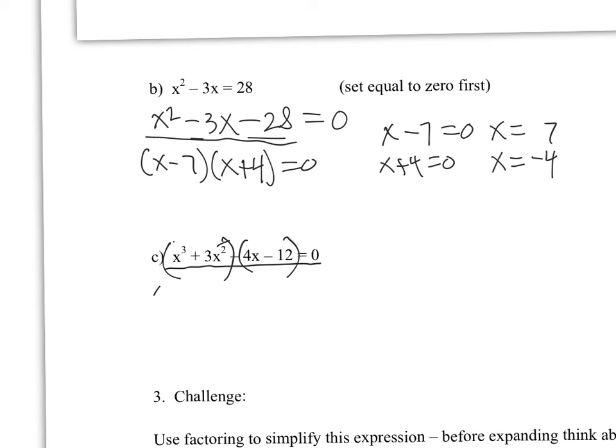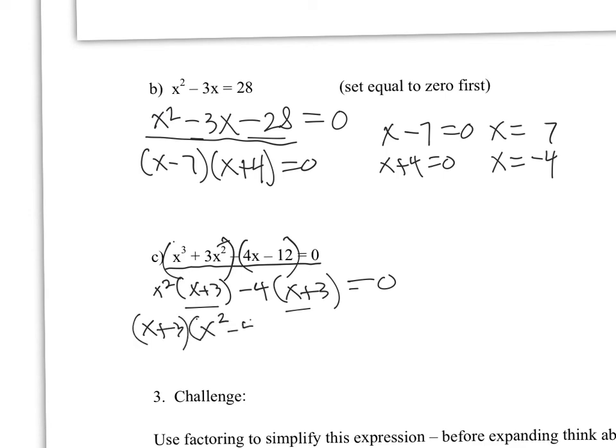Well, yes, we can pull out an x squared, which leaves us x plus 3 minus, and we can pull a 4 out of here, and that leaves us again an x plus 3, all of which is equal to 0. So we have an x plus 3 factor common to both of these, so we're going to factor it out, and what we're going to be left with is x squared minus 4, again, the whole thing equal to 0.